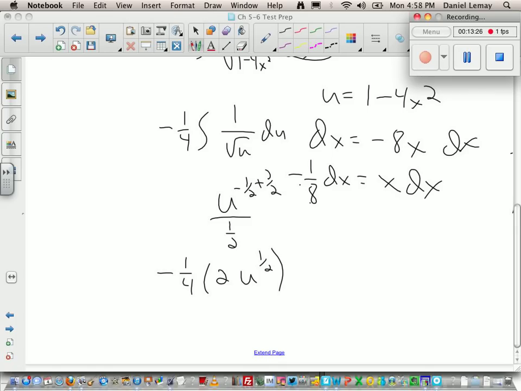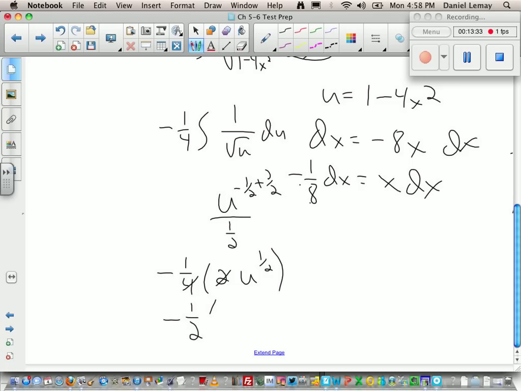And I also know that 2 and that 4 will cancel out. So negative 1/2 times the square root of 1 minus 4x squared. I need my original x arc cosine of 2x, and I need a plus c.